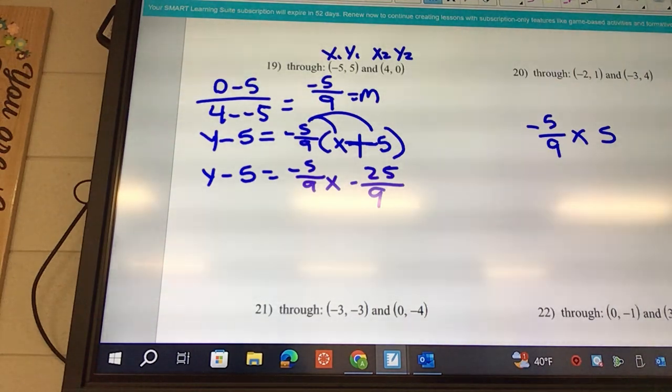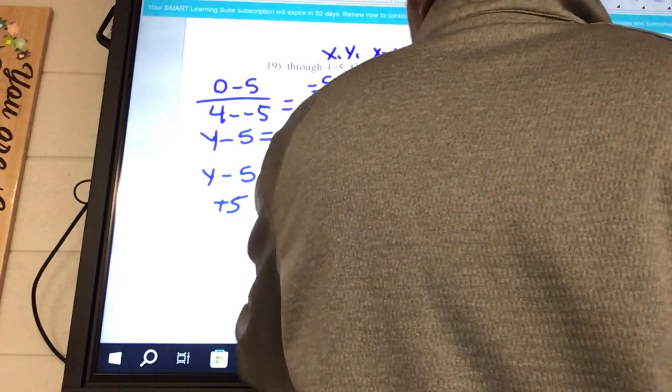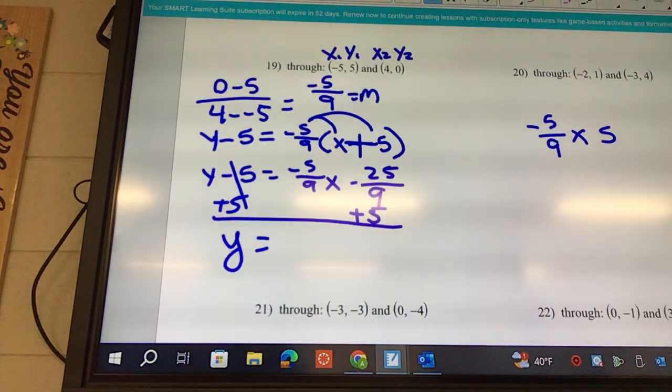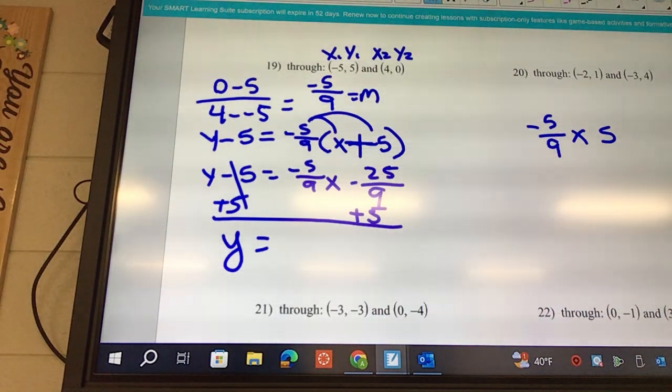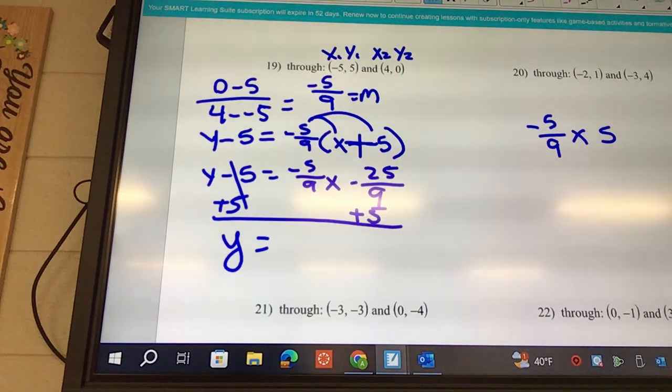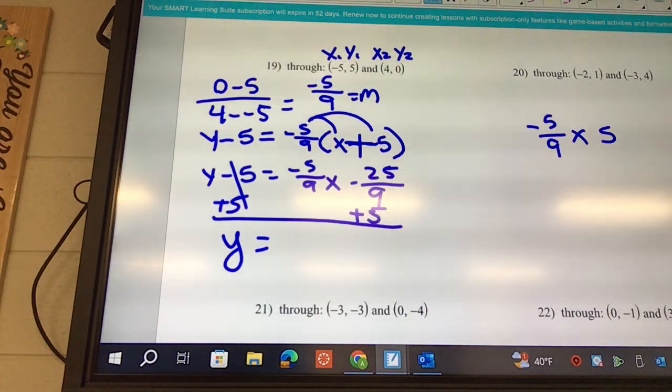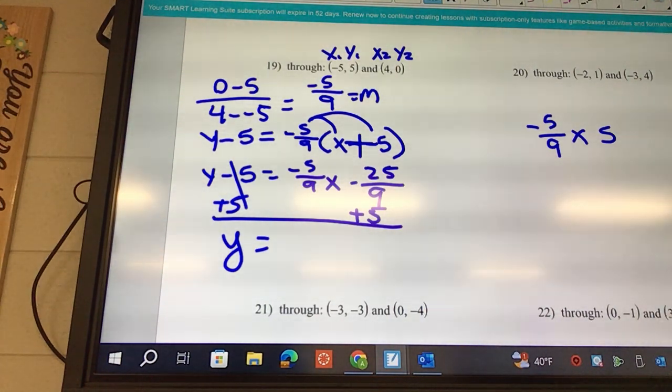And then we're gonna add this 5 over. So say plus 5. Really, on your calculator, you're gonna be typing negative 25 over 9, hit that over arrow, and then say plus 5. This is where you guys are gonna have to type, but it's gonna take a minute, because I can't do those type of fractions in my head.